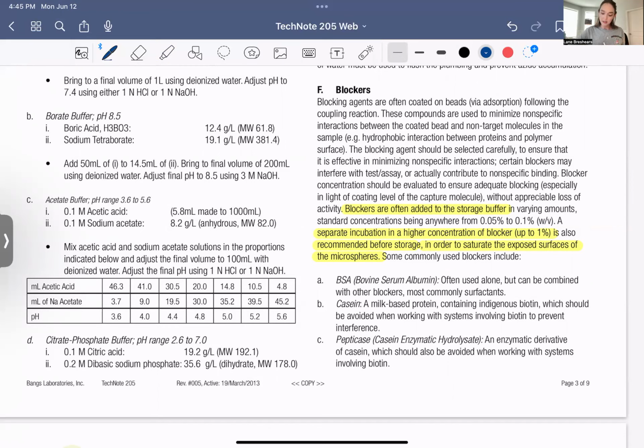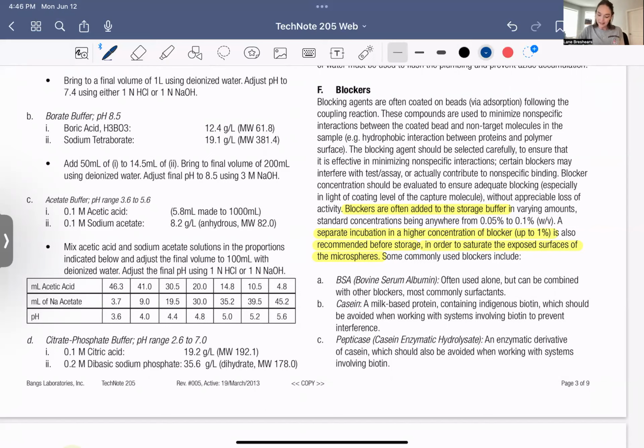Certain blockers may interfere with the test or assay, or they may even contribute to non-specific binding. So blockers can help you eliminate non-specific binding, but just like the buffer, you want to be cross-checking the components, the reactive agents that you're using, and make sure that your blocker isn't actually going to hop onto the train of reactive agents.